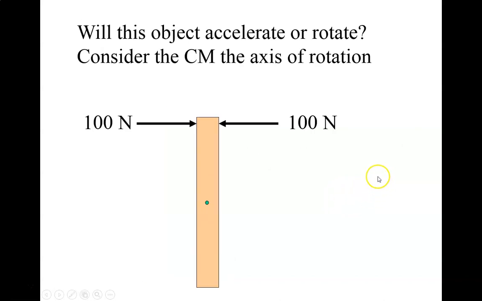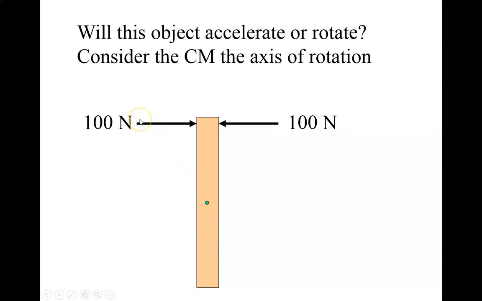What about this one here? Will this object accelerate? Will this object rotate? So again, this time I've got the center of mass marked. It's in the middle, and so I've got 100. Let's consider this distance 1 meter just to make the numbers easy to work with, and 1 meter down, just like before.